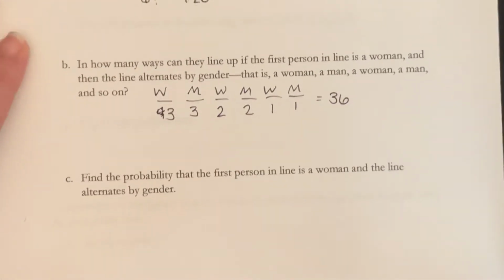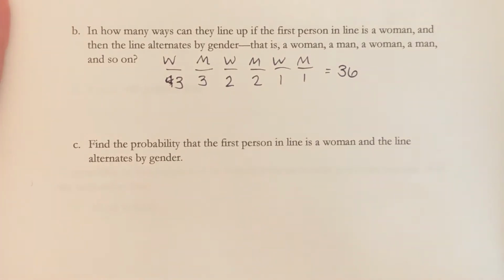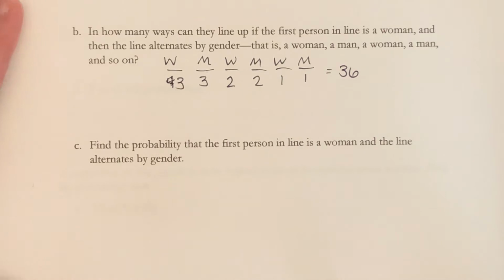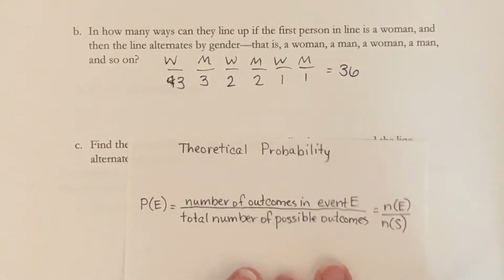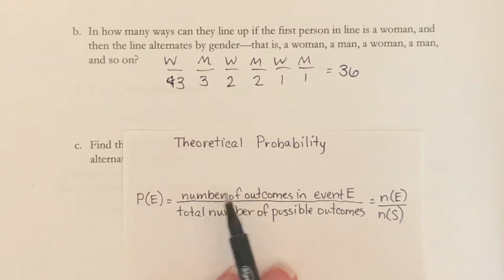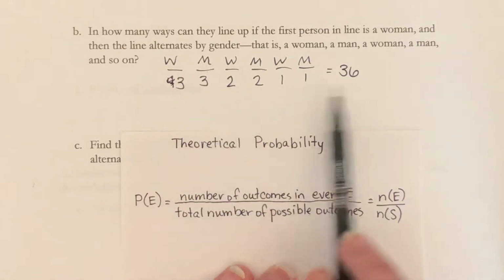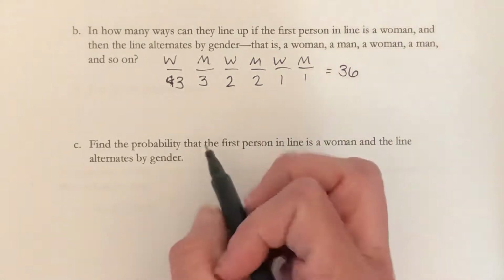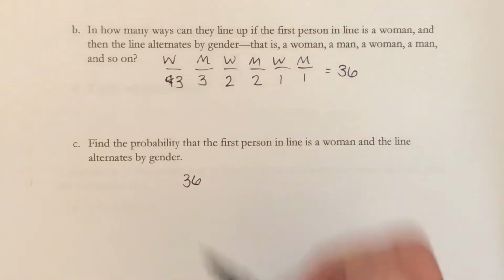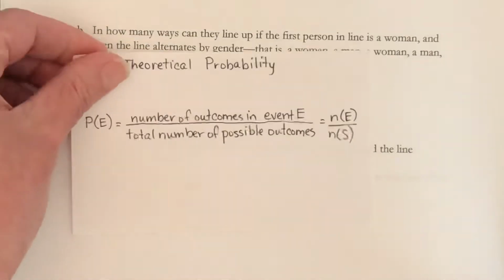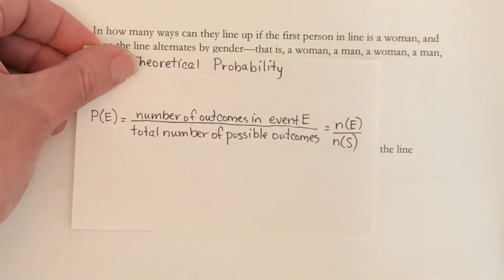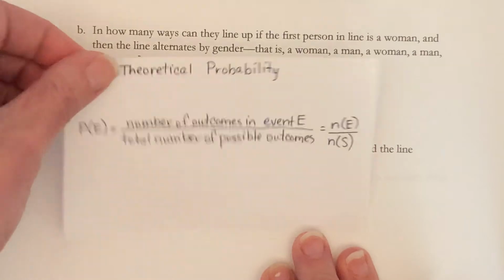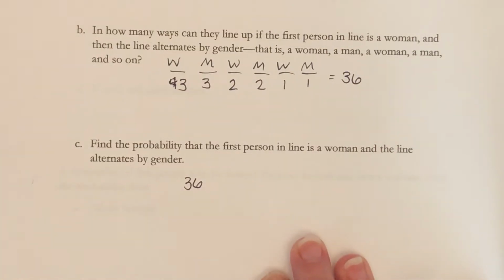Okay, now let's find the probability that the first person in line is a woman and that the line alternates by gender. So we're talking about theoretical probability here. It's the number of outcomes in event E. So how many different ways can we meet this requirement? 36. And that's 36 over the number of possible outcomes, the total number, so the number of ways they can line up in general.